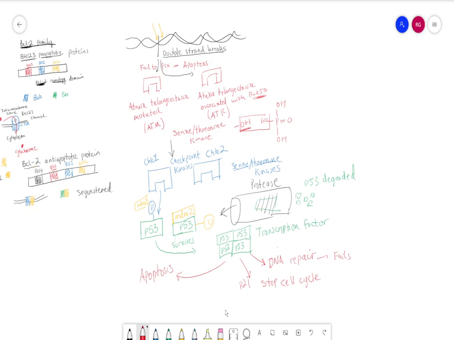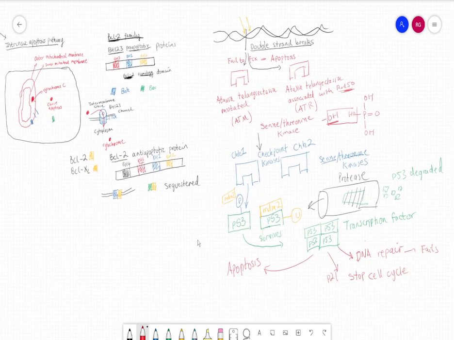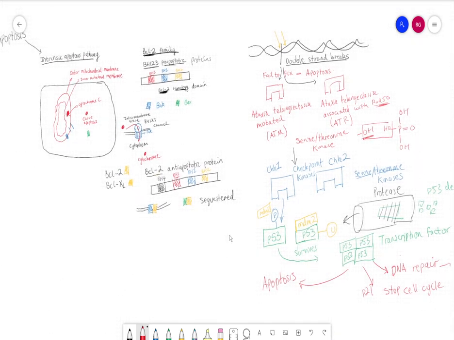It's going to upregulate. So this p53 transcription factor is going to bind to the promoter of the gene, and encourage the transcription of another family of proteins. So remember, we had another family of proteins in our BCL2 family, and they're going to be called the BH3-only proteins. And if you remember what BH3 stands for, it's BCL2 homology domain 3.